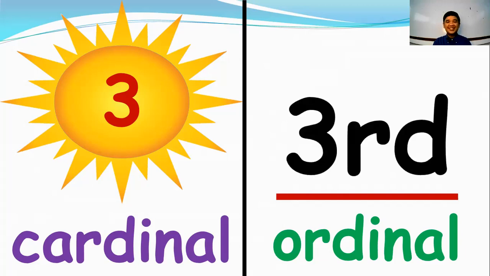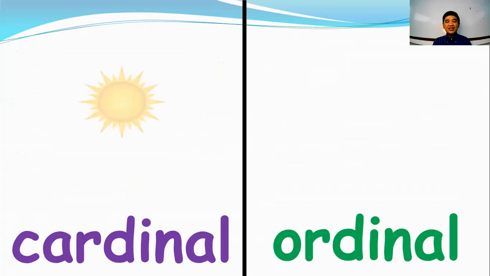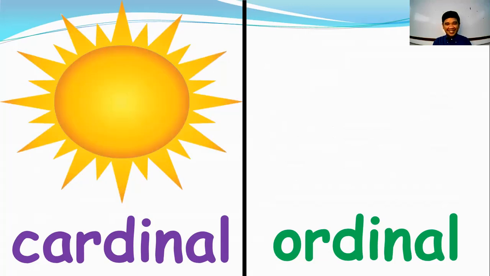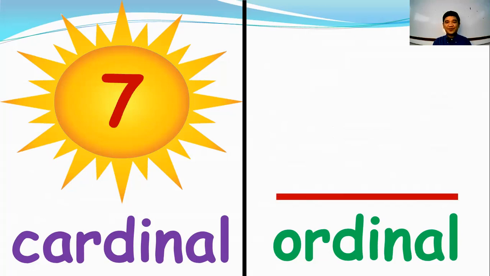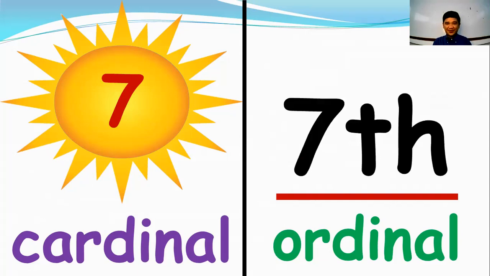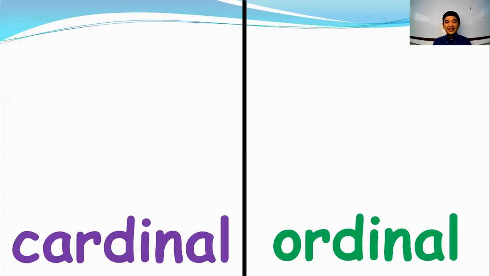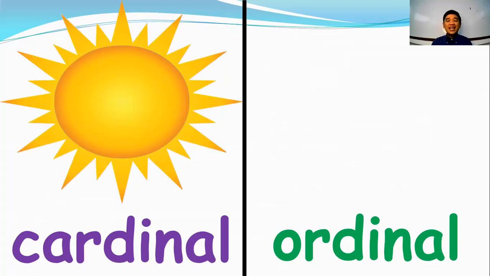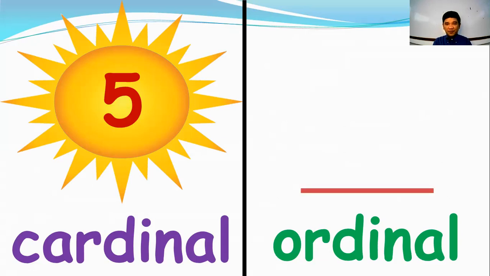Very good. And then, the given cardinal number is 7. What is the ordinal number of 7? That's right. We call it 7th. All right, next. The given cardinal number is 5. What is the ordinal number of 5?